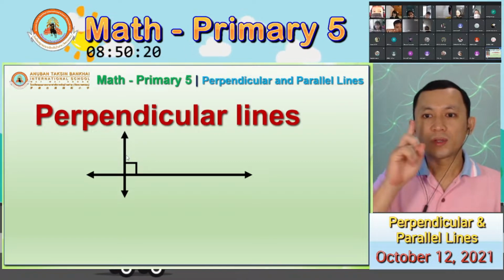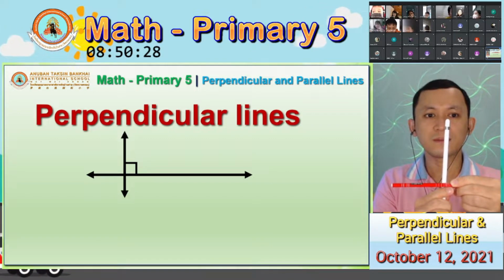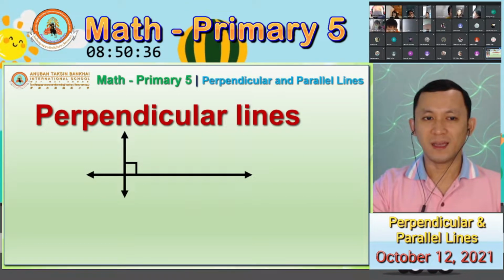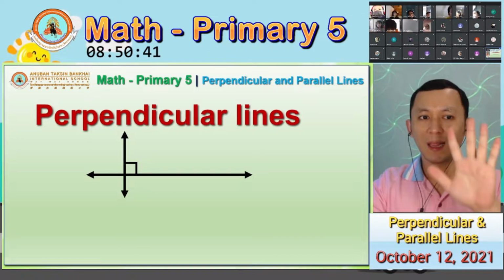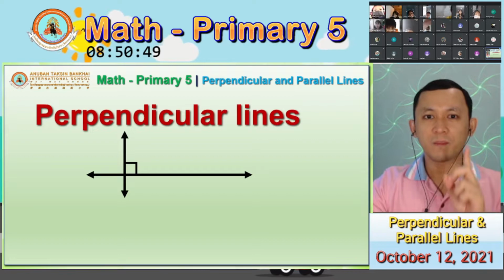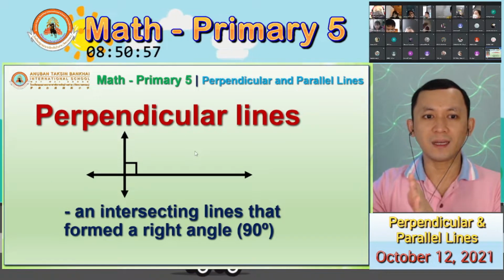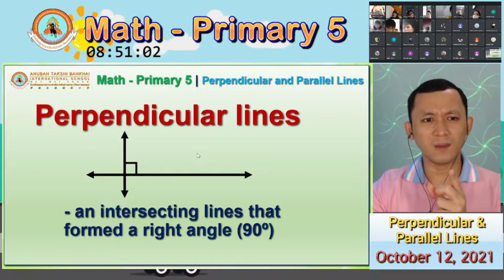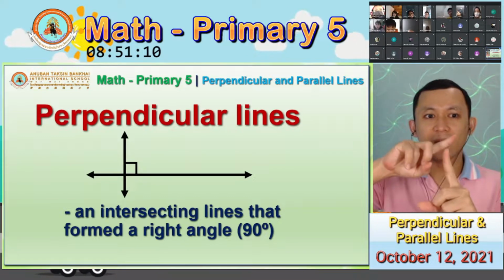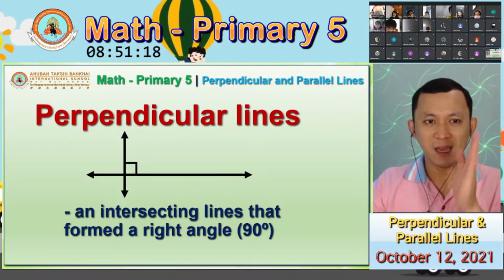Now if we have two lines that form a right angle, this is what we call perpendicular lines. Perpendicular lines, five syllables. Do not be confused. Two lines that form a right angle. Is that the same as the right angle? A right angle is an angle. If we have two lines that form a right angle, we have perpendicular lines.